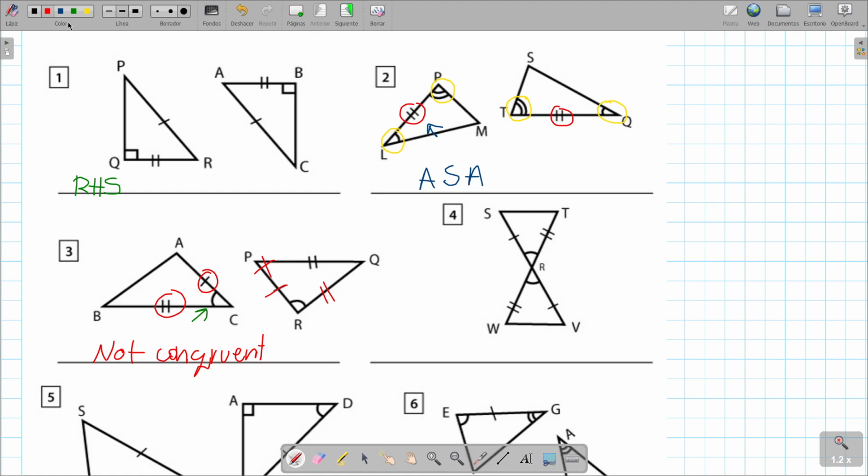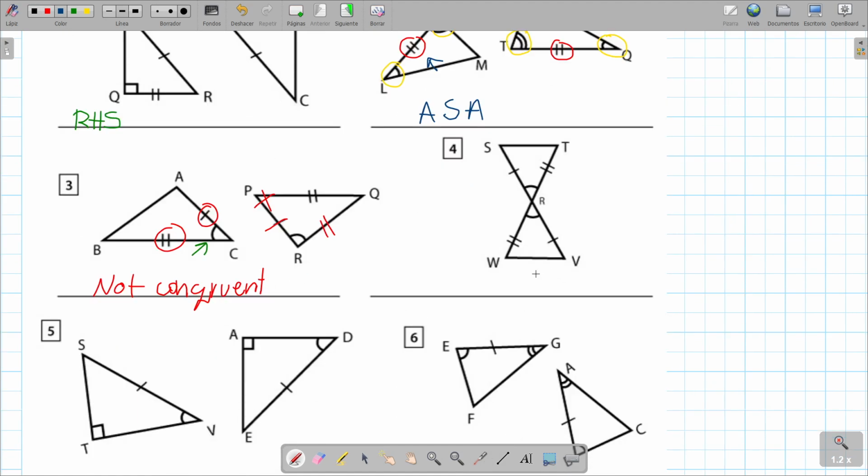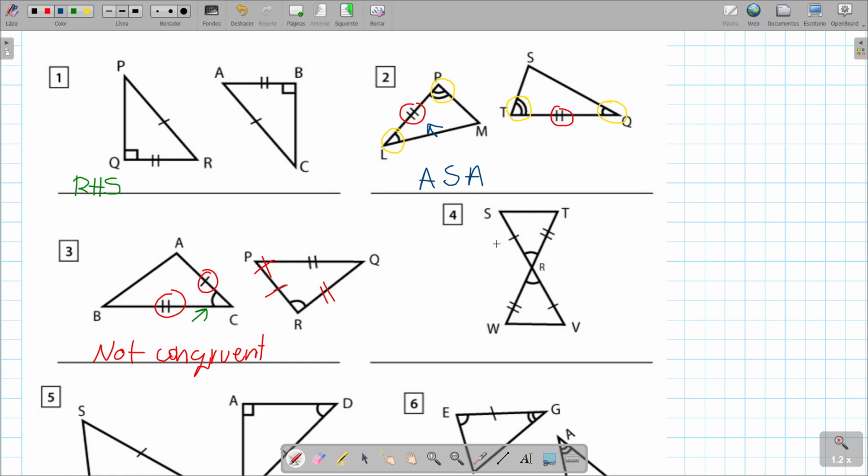Right here, what do we have? We have two triangles, and if you realize the only difference is that they look connected with these lines right here. So if you realize we do have this, and in the middle we have the angle. The same is happening right here.